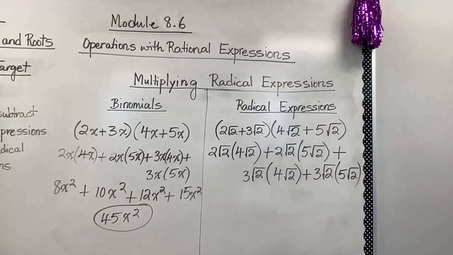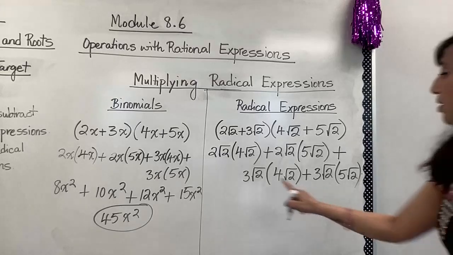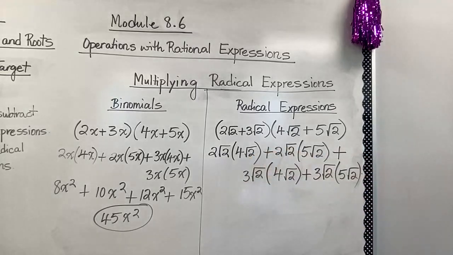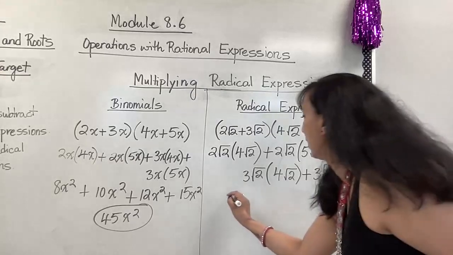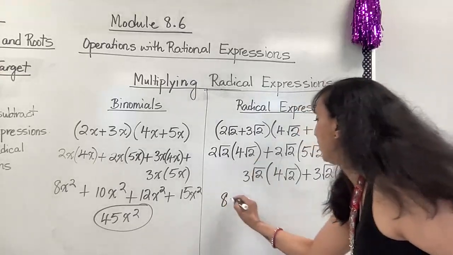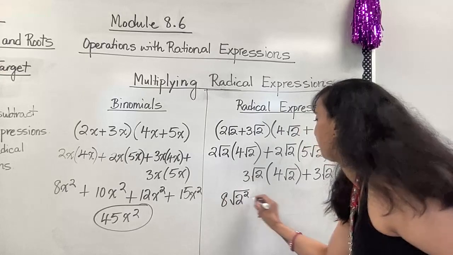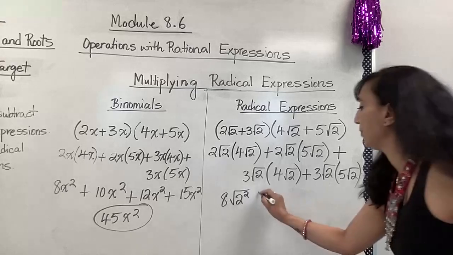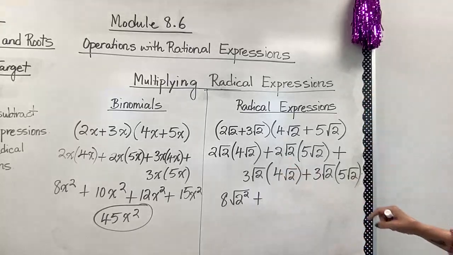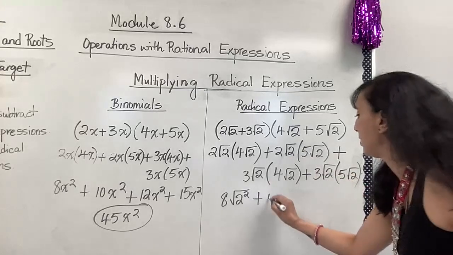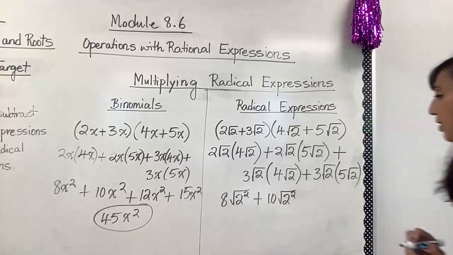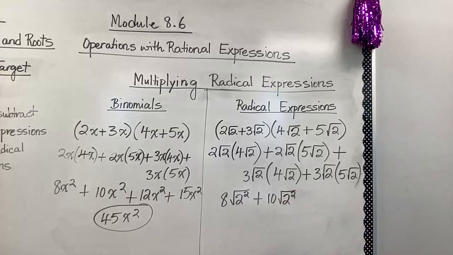Okay, same thing. And so then I have what is 2 times 4? And that gives me 8. And then I have 2 of this, that means square root of 2 squared, right? Plus, I have 2 times 5, 10. And we have, again, same thing. Okay?